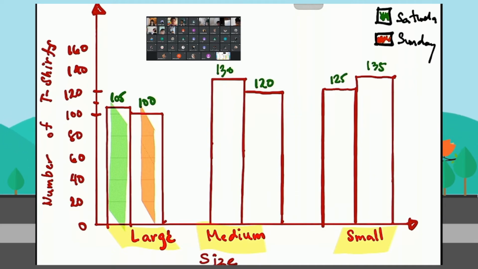In this example, do not forget your title. Your title. So, what's the title again, teacher? So, we have sales of different size t-shirts over the weekend.